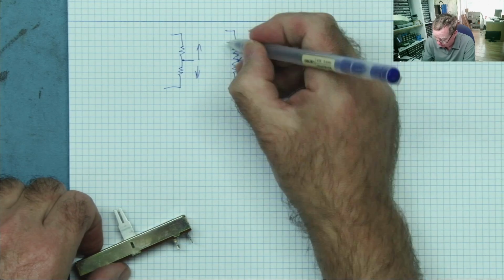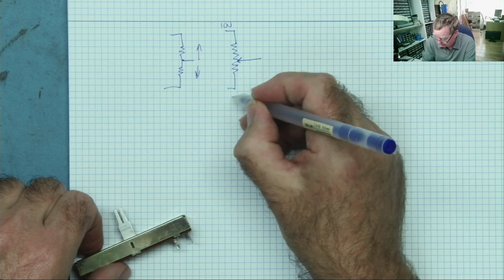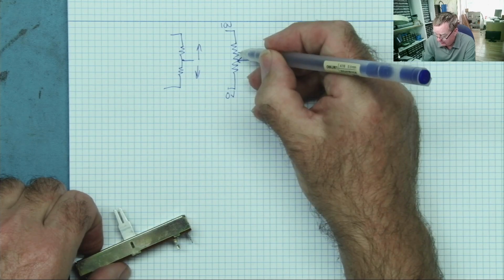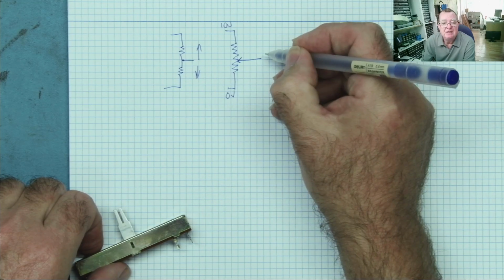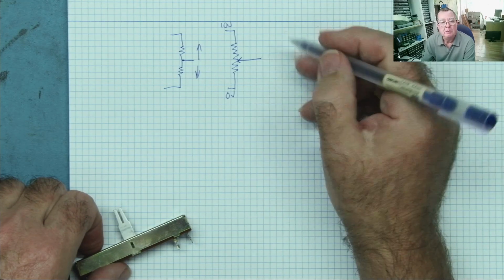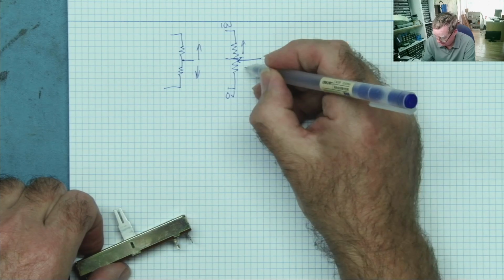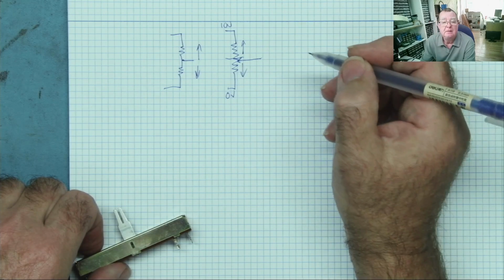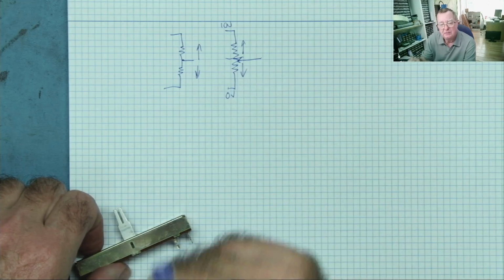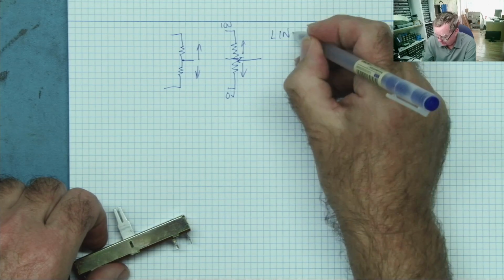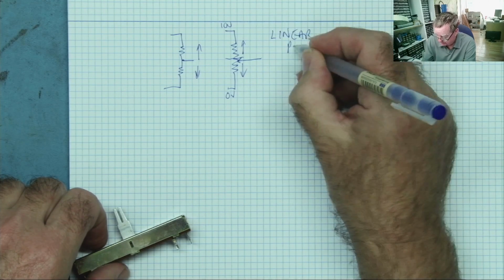Now if we put 10 volts here and we put 0 volts here, and we move the slider to the center, you would assume that what we'll get is 5 volts, because the resistance from here to here equals the resistance from here to here. And that is correct if you have a linear potentiometer.